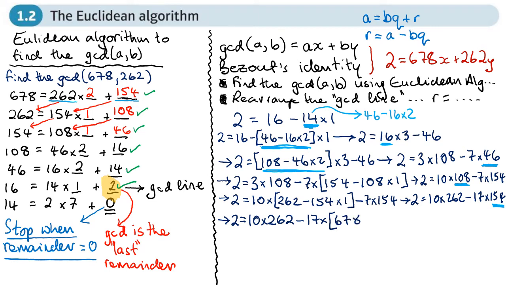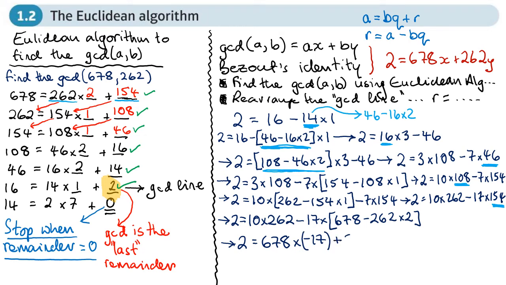This is the very first line of working, minus 262 times by 2. And then all I need to do now is to say, right, how many lots of 678? Well, if I work that out, that's going to be minus 17.